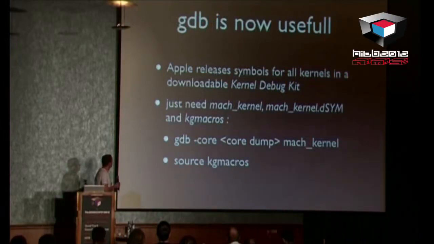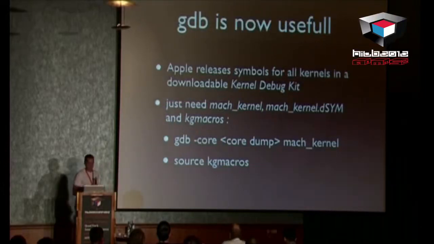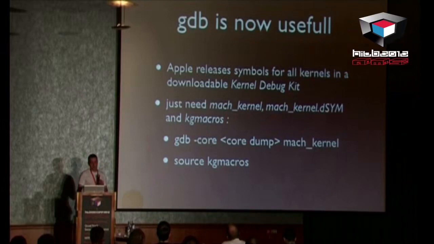You just need the kernel debug kits that are free and downloadable from the Apple developer website. You just need the kernel, these symbol informations, and this little GDB script, kgmacros, which is really useful. Here's the command to start GDB and source this macro utilities.